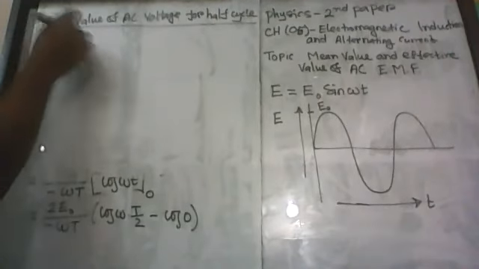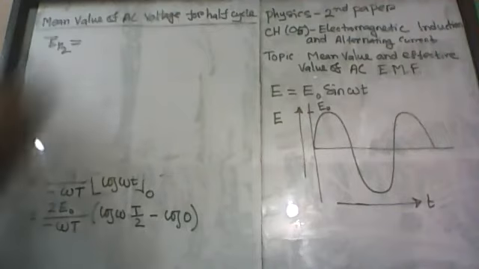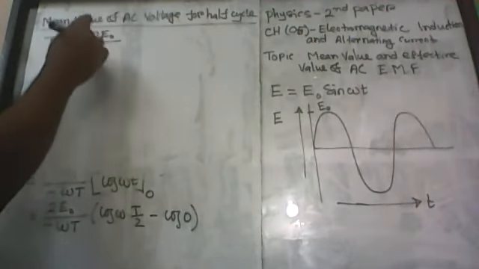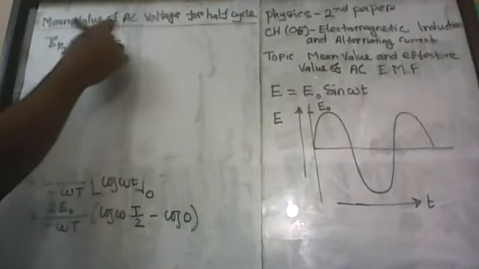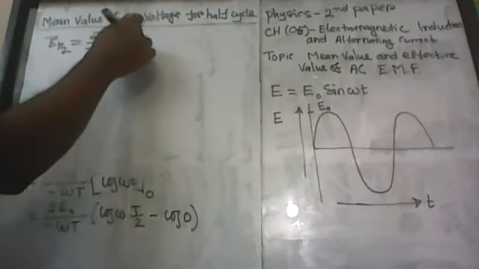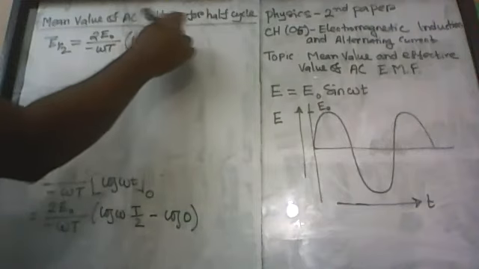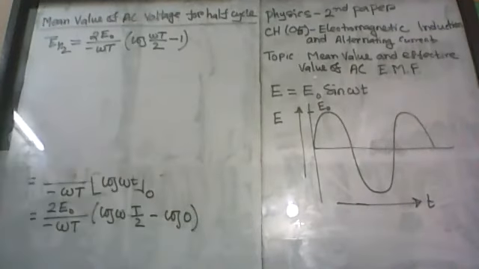So half cycle will equal 2 E naught divided by minus omega T, and then cos omega T divided by 2 minus 1.